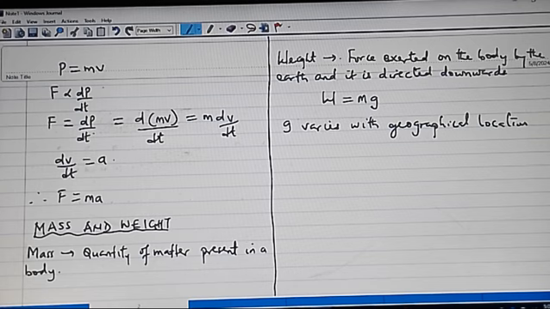But if you take that same object to the moon where g is 1.6, then 50 times 1.6 gives you 80 Newton. So the weight of any object depends largely on the geographical location, and that depends on acceleration due to gravity g.